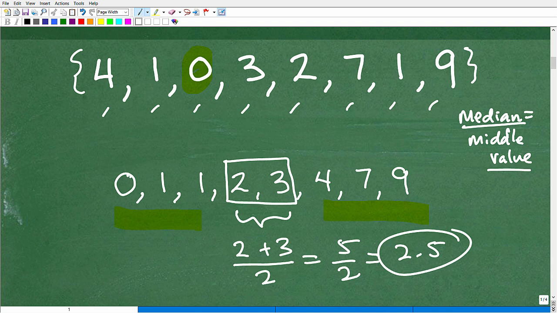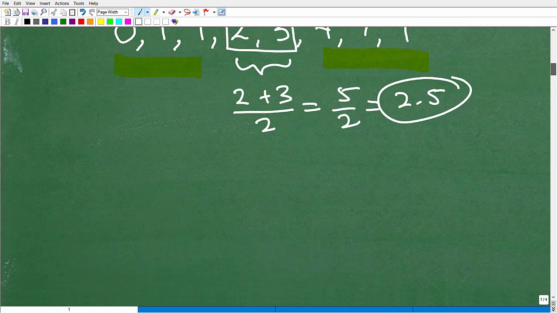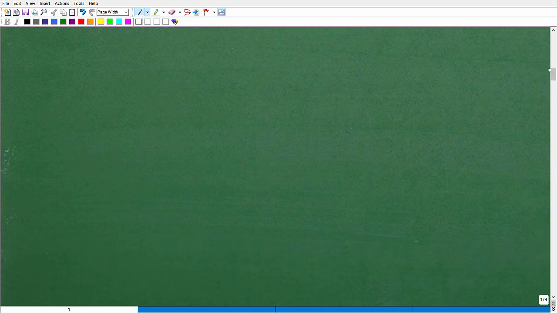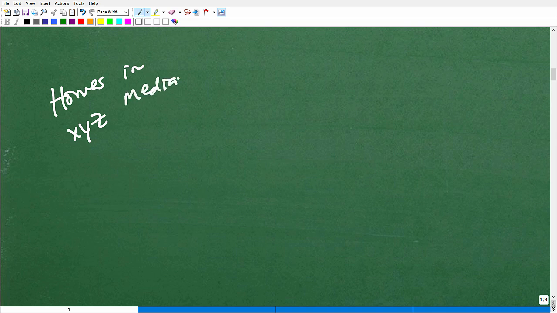All right, so it's really no more difficult than that, but these terms, the median, mode, mean, they come up frequently, especially in economic news, say with home prices. Let's say homes in XYZ area, the median value is 250,000.